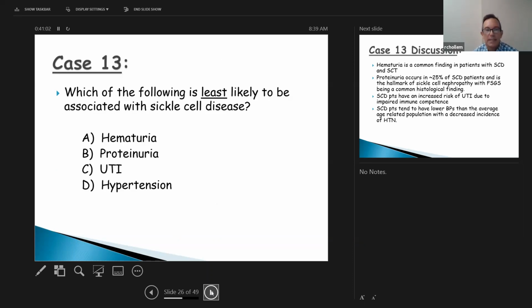All right, which of the following is least likely to be associated with sickle cell disease? Hematuria, proteinuria, UTI, hypertension.